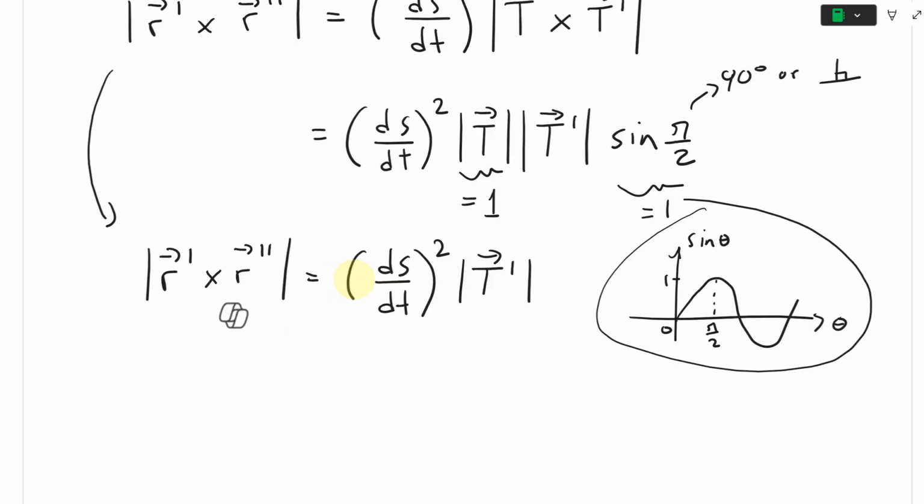And now I'm going to solve for this one here. I'm going to take this over to the other side, so basically divide this out.